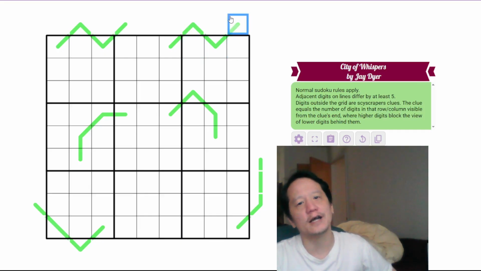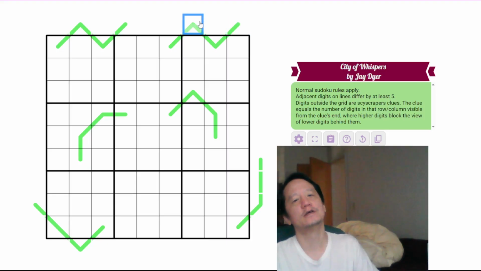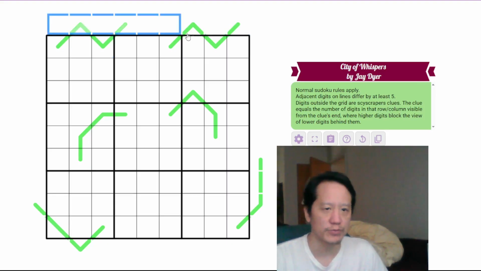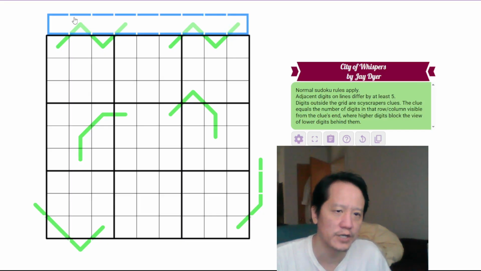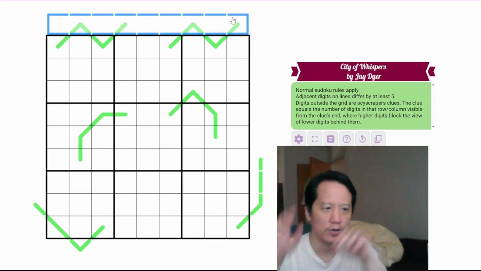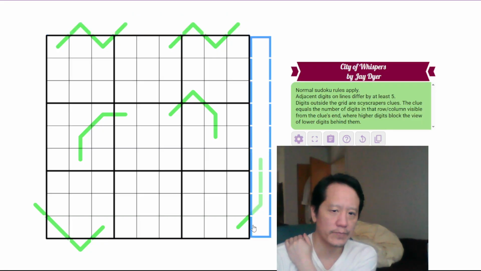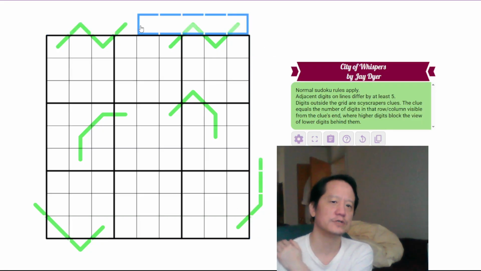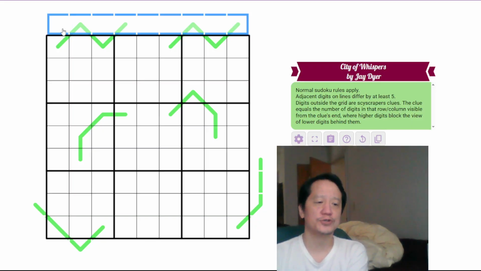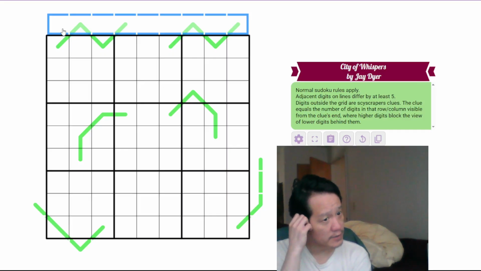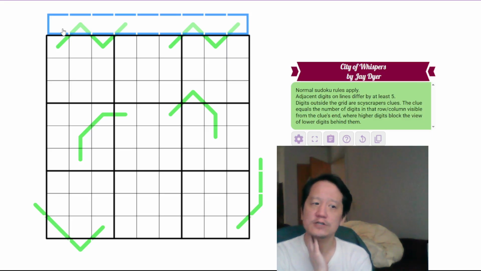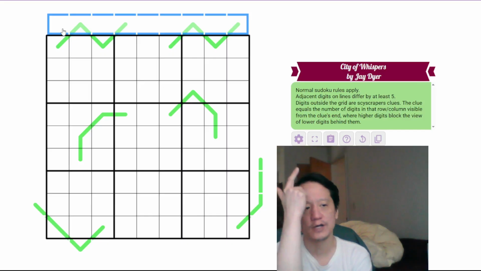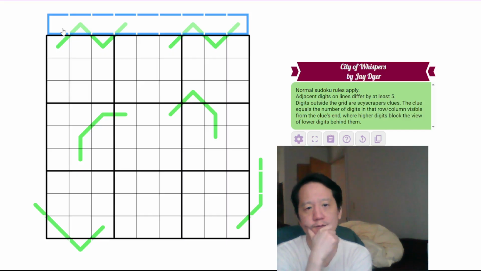So 1 and 9 cannot be repeated in skyscraper clues outside of the grid in the same row or column. That's interesting. You could certainly have 2. That works perfectly fine. You could have repeats of 2. Can you have repeats of 8? You could even have repeats of 8. You just can't have repeats of 1 or 9. Huh.